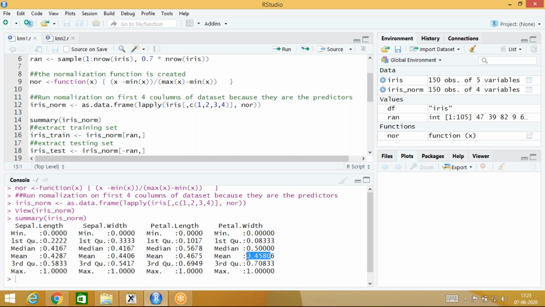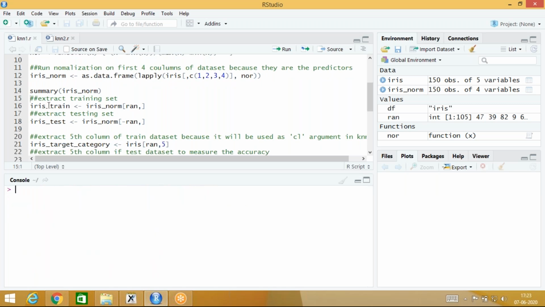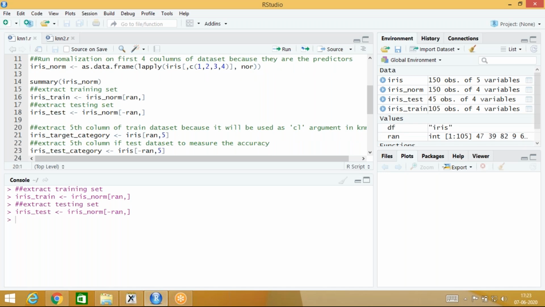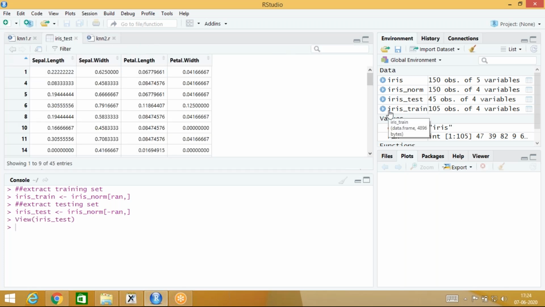Now after I normalized, using that rand variable that I have created, I will create the training data and the testing data. So iris train, if I just check, this is iris test and this is iris train.